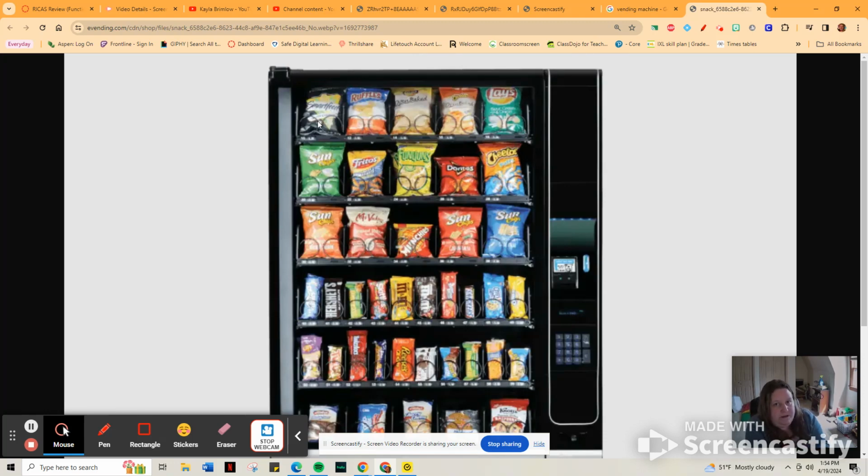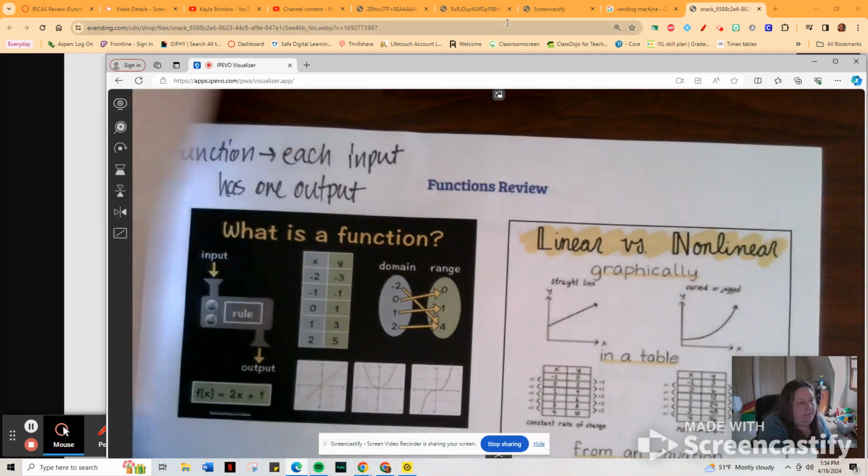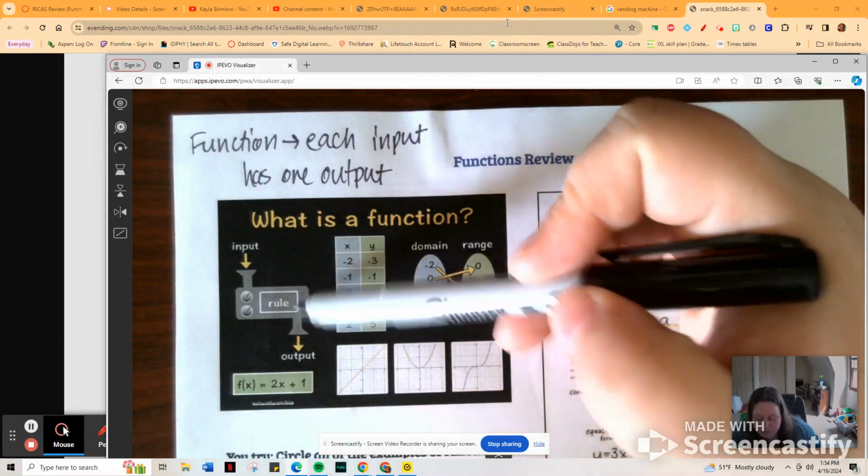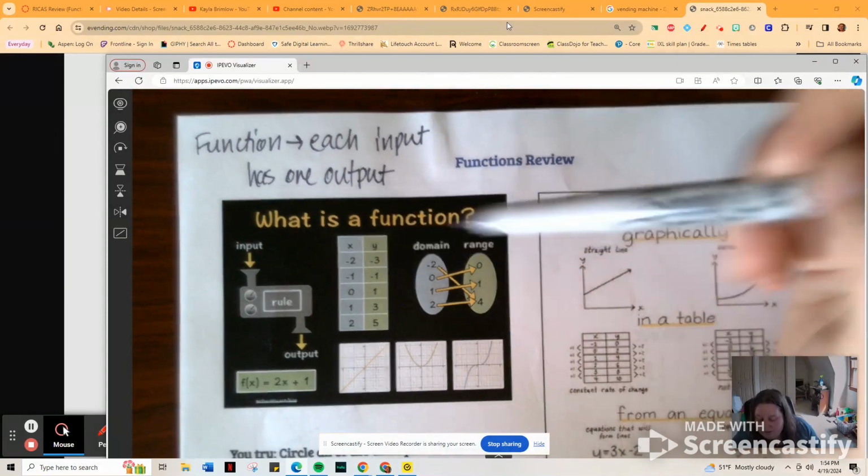So when you put something into the function, you should only be getting one thing out of it. However, you could get that same thing out of the function multiple times. And I'm going to show you what I mean by that in some of these examples. Okay. So, sorry, let me just pull my packet back up. Here we go. Okay. So we input it into a rule and then we get some output.